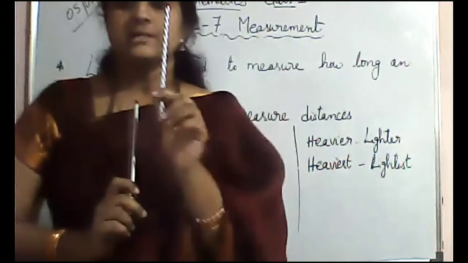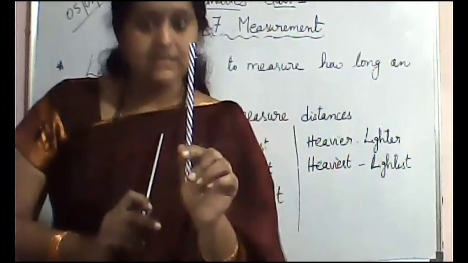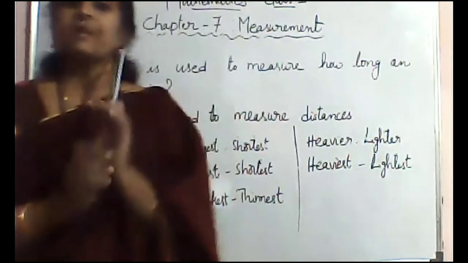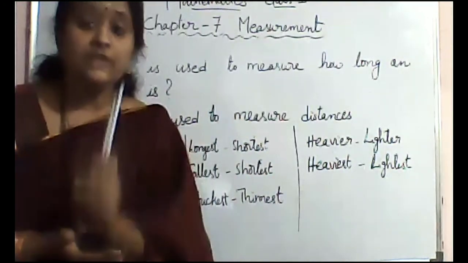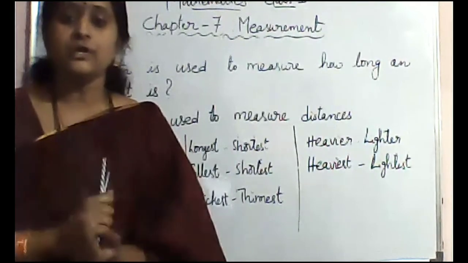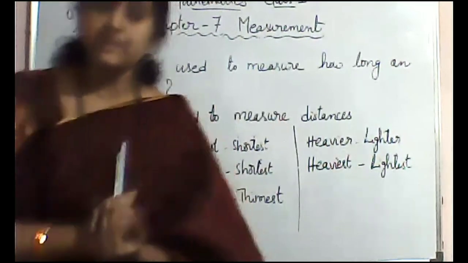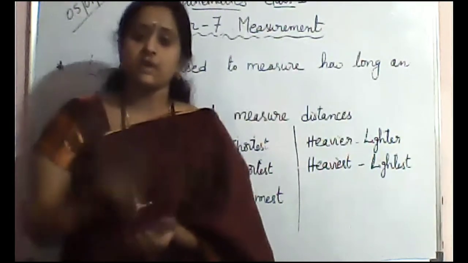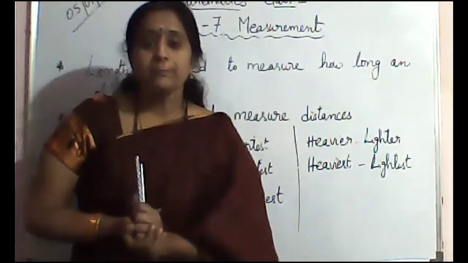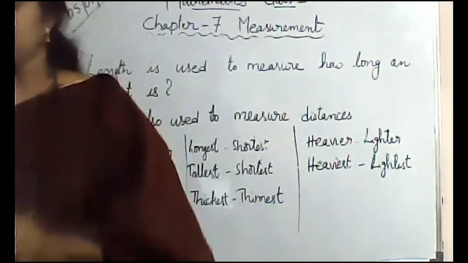It will come 6 pens long or 6.5 pencils long. So these are called non-standard uniform units. That means when we measure an object with another object, those are called non-standard and uniform units for the measurement.